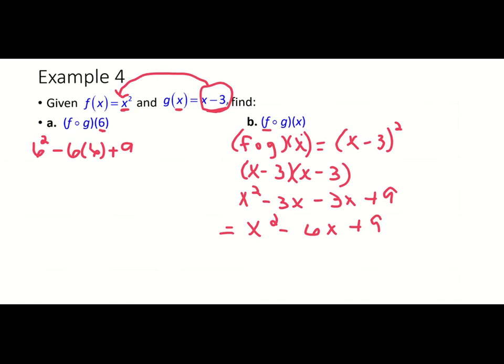So 6 squared is 36, minus 36, plus 9. So 36 minus 36 is 0, plus 9 will give me a 9 for that one. I personally think it's easier to do it that way. You can, like I said before, plug in the 6 for both and then do the math. It's up to you.